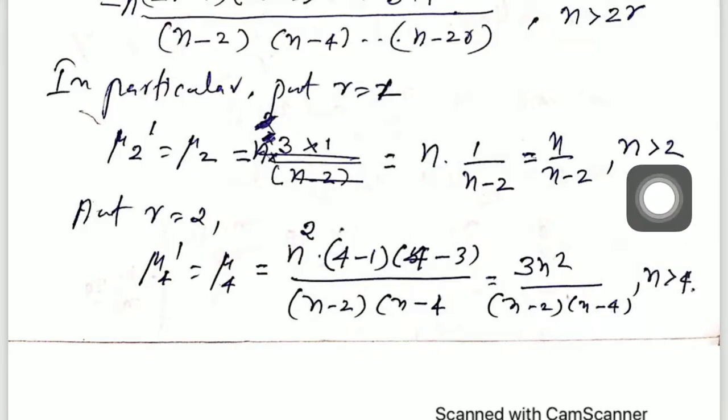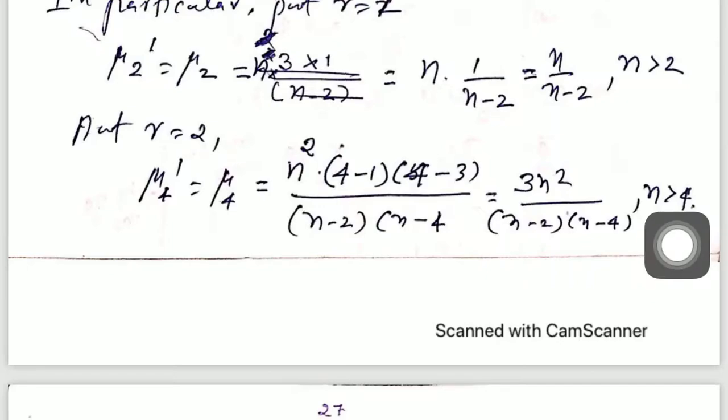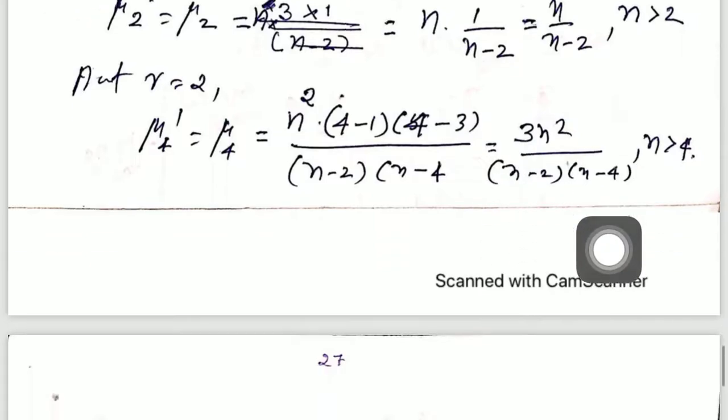Okay, mu 2 dash is equal to n divided by n minus 2, and mu 4 dash is equal to this for n greater than 4. Here for n greater than 2, because when n is equal to 2, the denominator becomes 0, it becomes indeterminate. So the quantities should be positive. That is why we are restricting n greater than 2. Similarly, we are restricting n greater than 4 for making the denominator always positive.